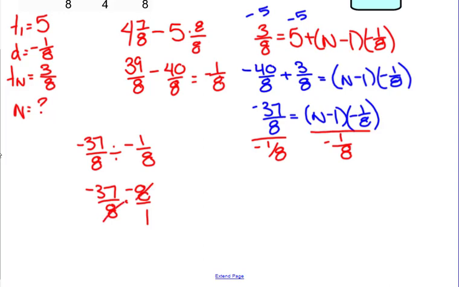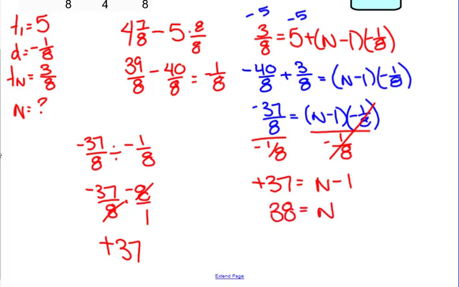My 8s will reduce, and negative times a negative is a positive. So I just end up with positive 37. So positive 37 is equal to n minus 1. Add 1 to both sides, 38 is equal to n. So that means we have 38 terms in this sequence.